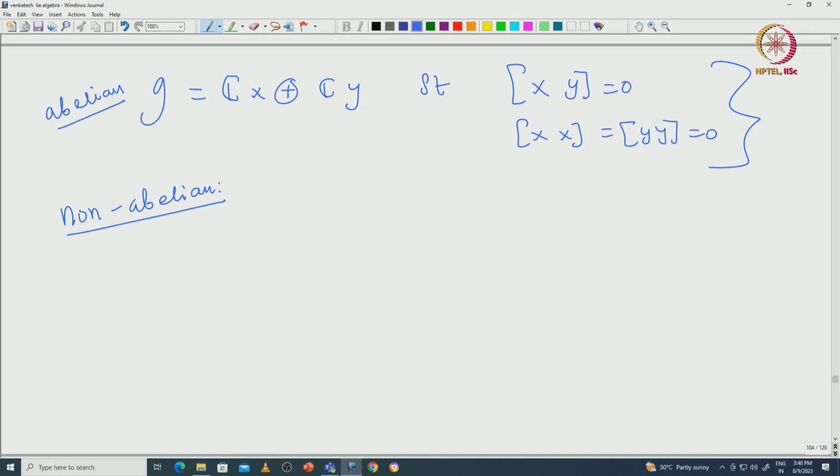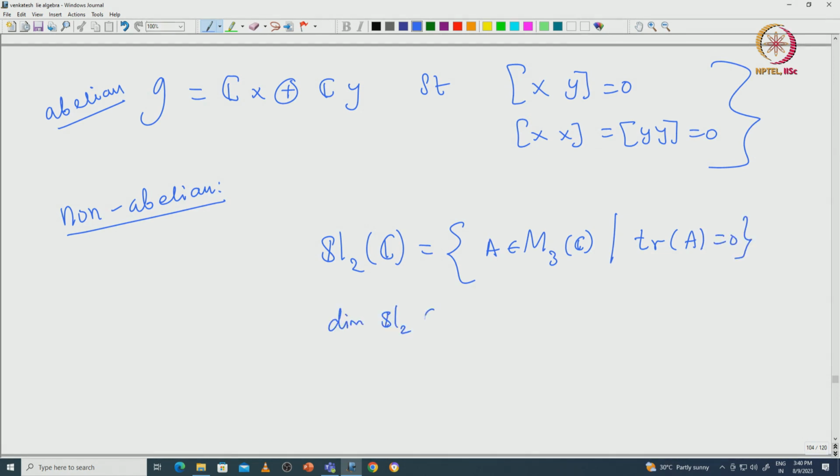Here is one nice subalgebra of sl2(C) which is 2 dimensional. So, you take sl2(C), which is nothing but the 2 by 2 matrices which are traceless.